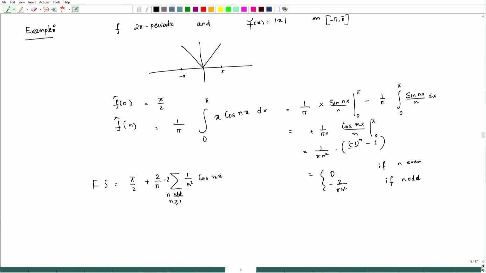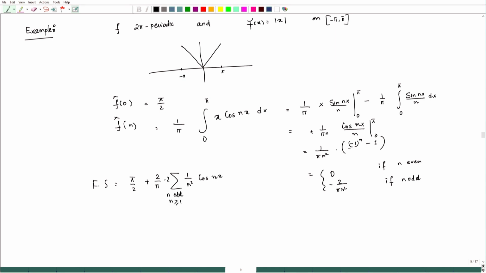Now, the Fourier series converges for every x, because as you can see the Fourier series is bounded by 1 over n square, and I know that this series converges. Therefore, the Fourier series converges. Now, we are not sure whether the Fourier series converges to f or not.